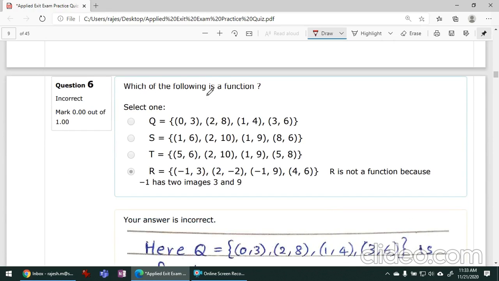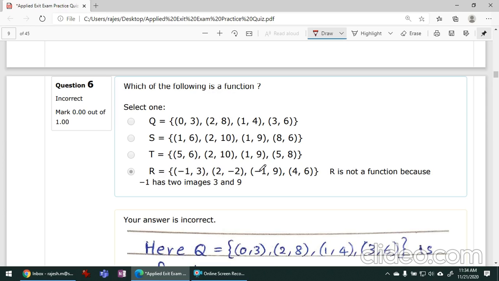Now which of the following is a function? So you have 4 different sets given here, Q, S, T, R. Now we know that the question is which of the following is a function. See here, R is not a function, because you see here, minus 1 here, minus 1 here.